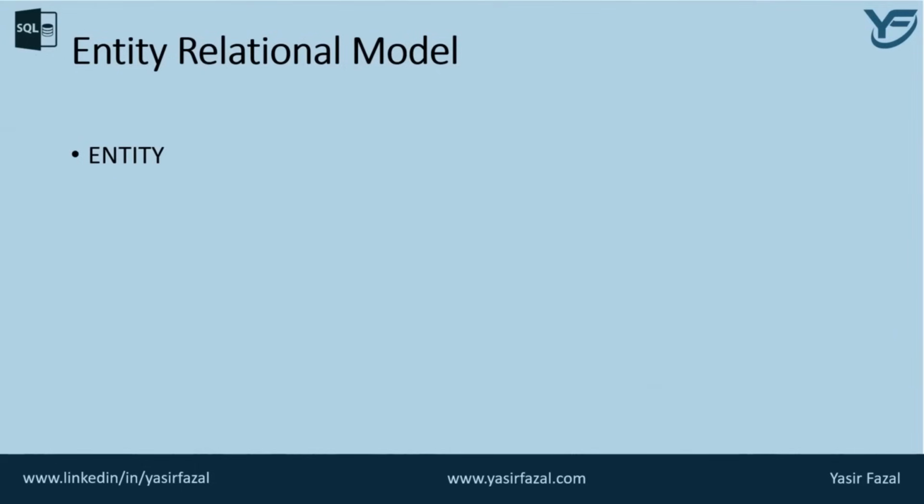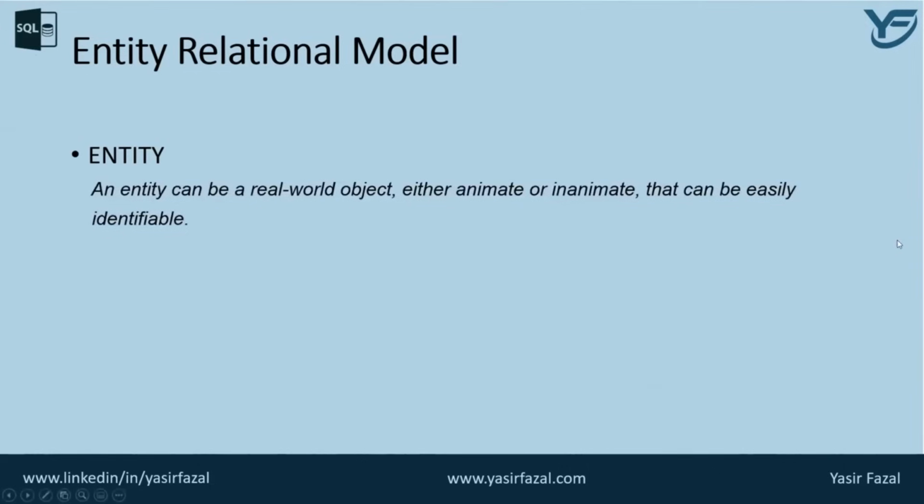What basically is an entity? By definition, an entity can be a real world object, either animate or inanimate, that is easily identifiable. For example, in a school database, students, teachers, classes, and courses offered can be considered entities.